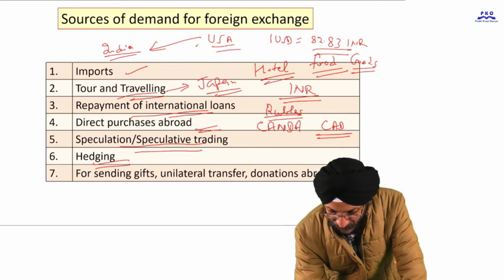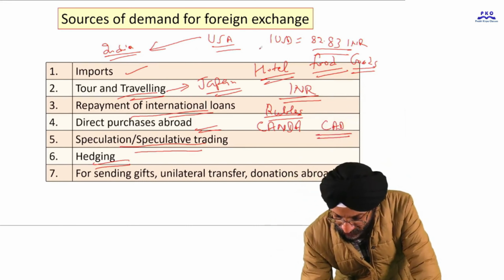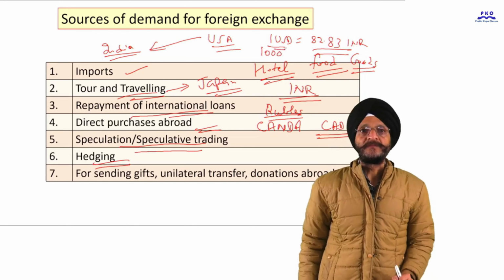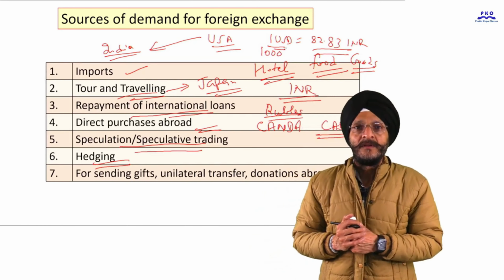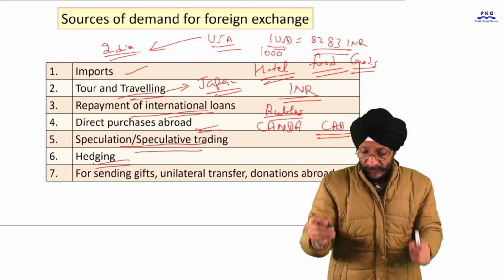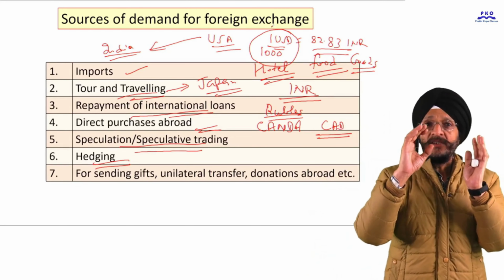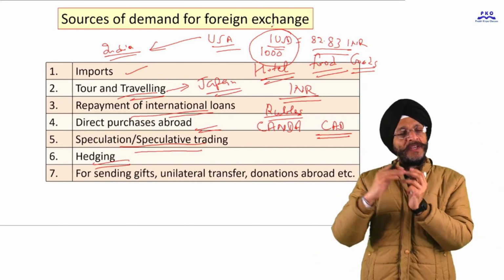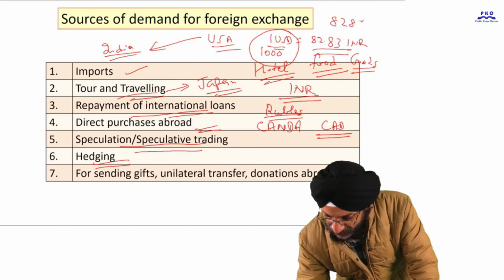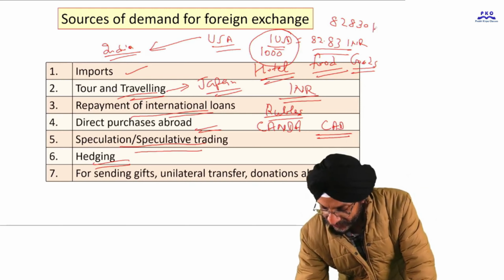So, if an Indian businessman is purchasing goods worth $1,000, this is the present value. The importer is importing goods worth 1,000 US dollars. So in the form of Indian currency, he will have to pay at present 82,830 Indian rupees.